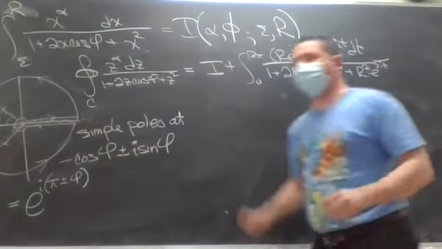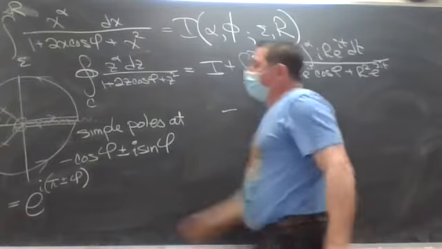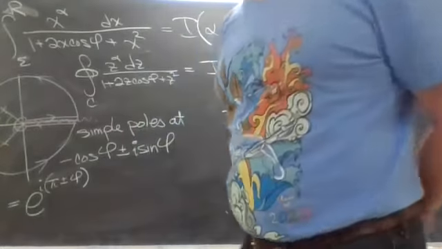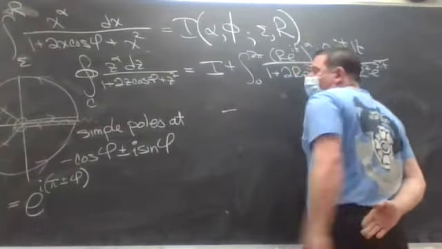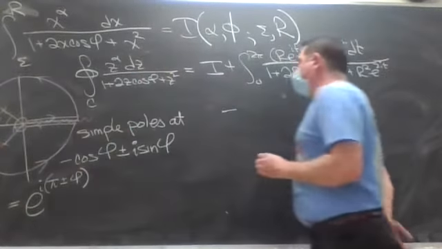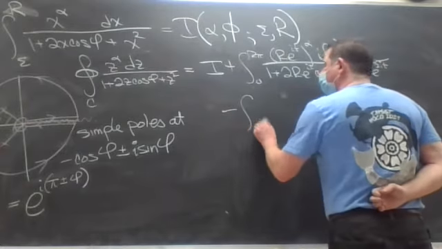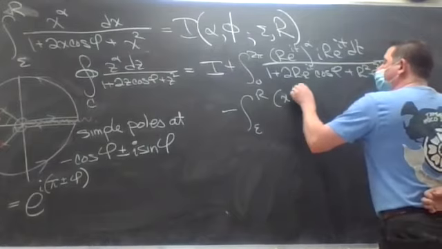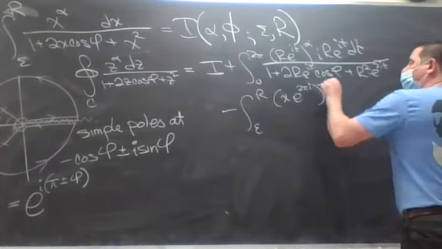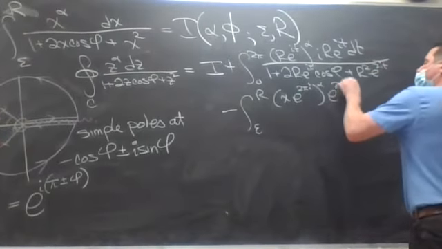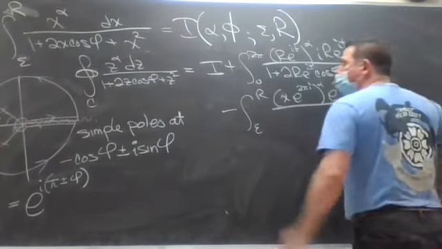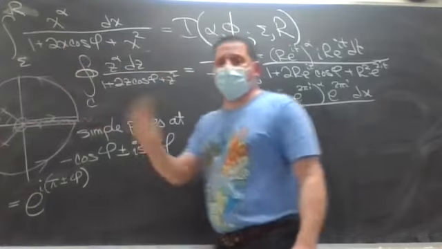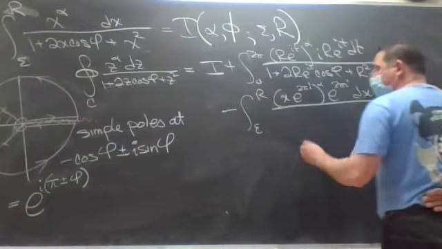That's the loop at infinity. As I go along the bottom, z will be x e to the 2 pi i. I'm going along the bottom from R to epsilon, so that means I'm going to subtract. It'll be x e to the 2 pi i to the alpha, e to the 2 pi i dx, divided by, since e to the 2 pi i is 1, the denominator is just going to be exactly the same as it is in I.